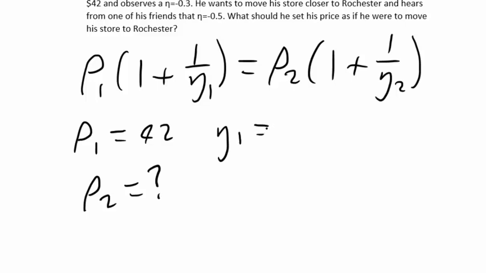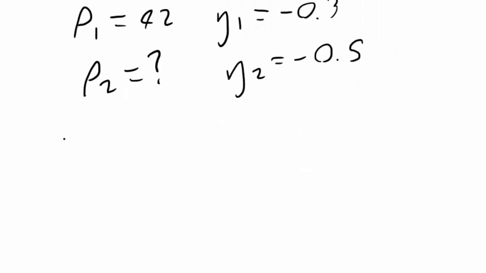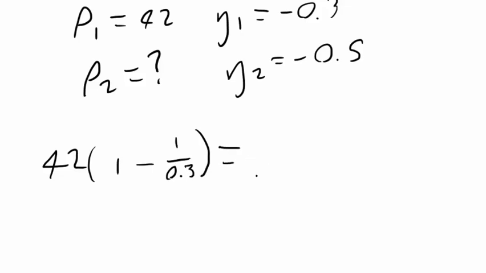We know the elasticity of 1 is negative 0.3, and we know that the elasticity of 2 is negative 0.5. So we can start plugging things in. So we have 42 times the quantity of 1 minus 1 over 0.3, since that is a negative, and that is equal to P2 times the quantity of 1 minus 1 over 0.5.